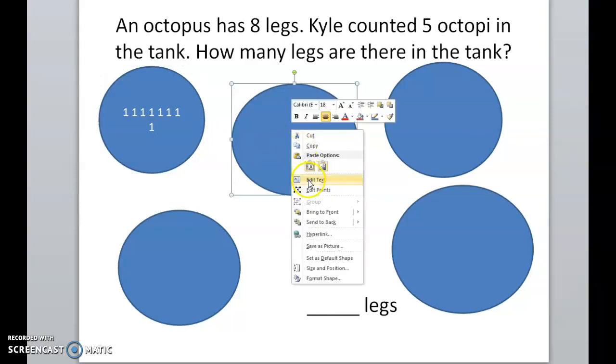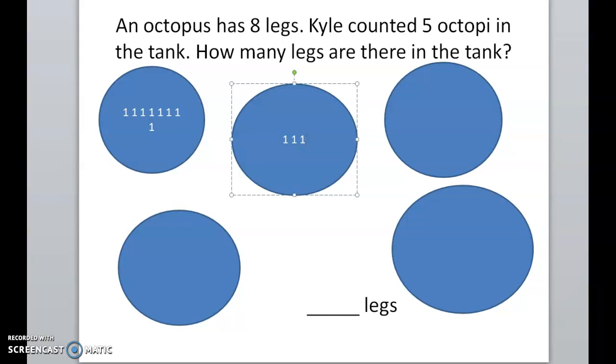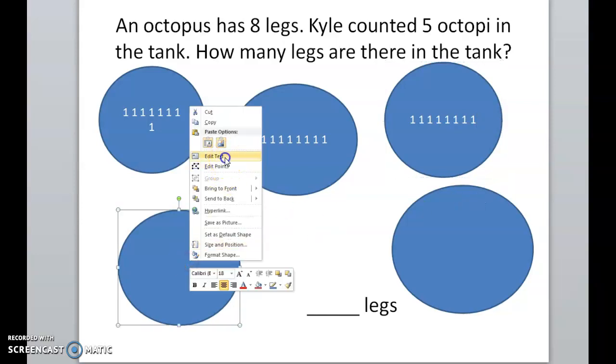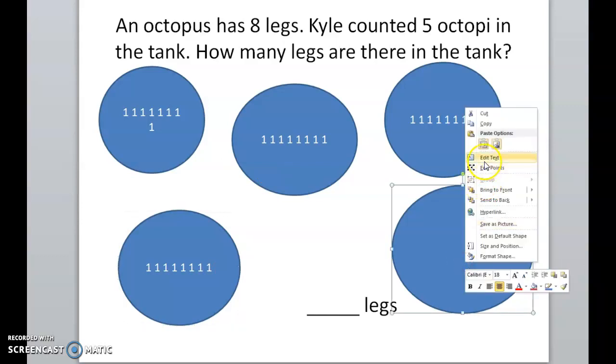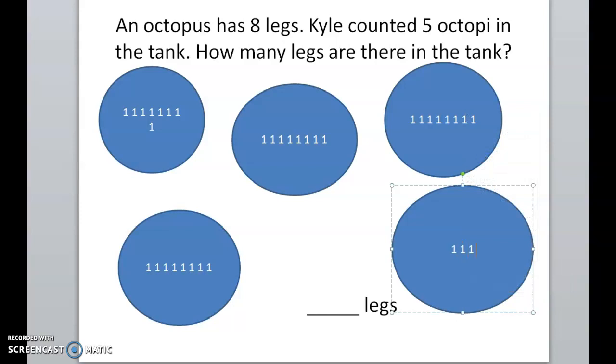And then we'll do the same thing over here. 1, 2, 3, 4, 5, 6, 7, 8. Same thing over here. Again, each group should have the same amount. 1, 2, 3, 4, 5, 6, 7, 8.